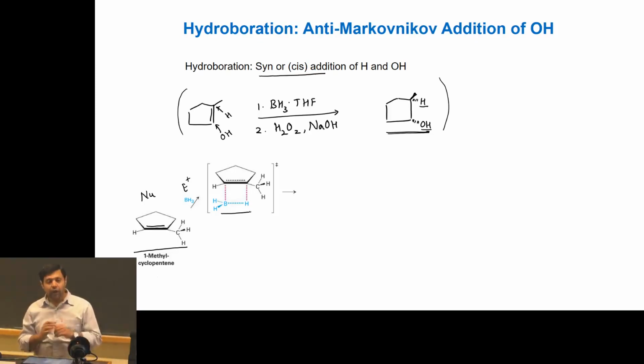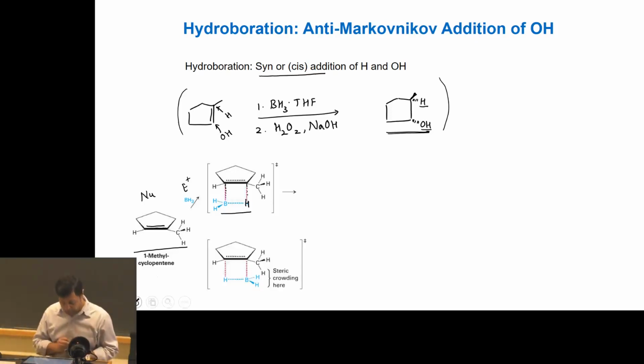All right. Now when the BH3 approaches the double bond from the bottom, it can approach it two ways. One way, as shown in this picture, is where the BH2 is close to the less substituted carbon of the double bond and the hydrogen is towards the more substituted carbon of the double bond. That is one way it can approach.